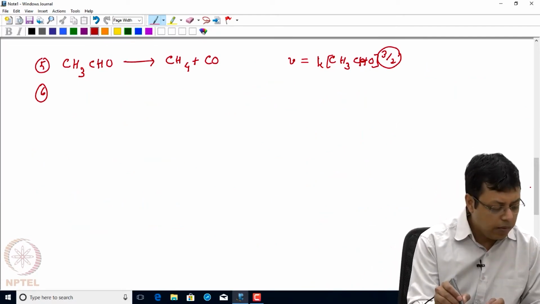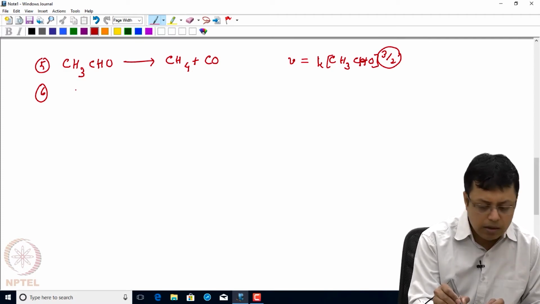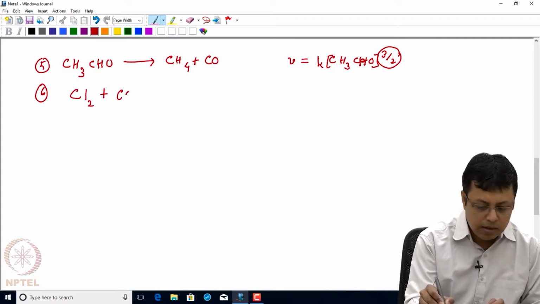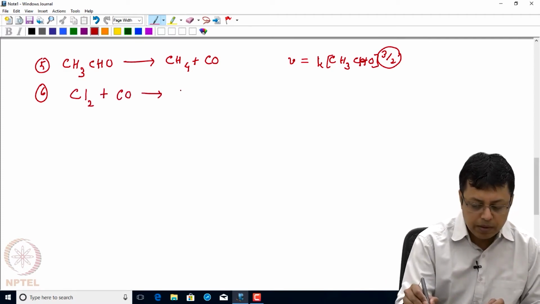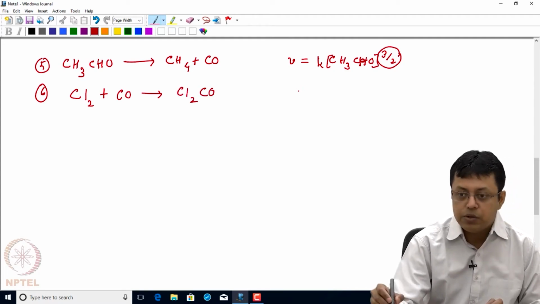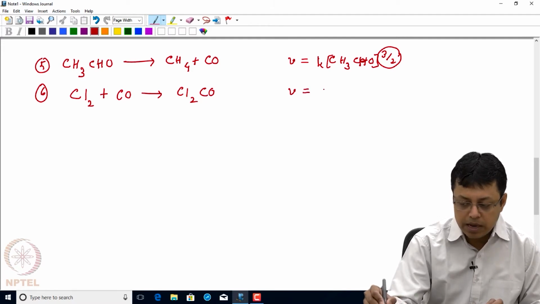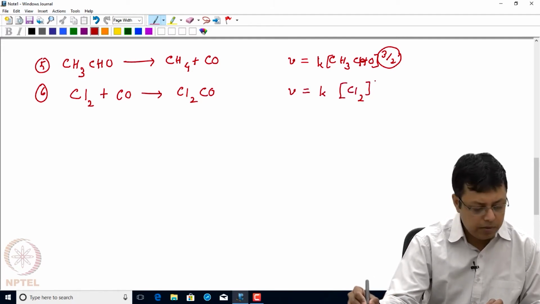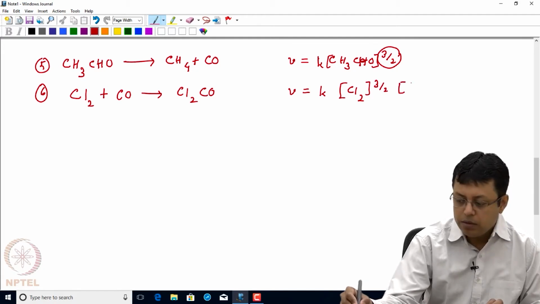I'll give you one more example, which will be the last example of this kind, and this is also a seemingly very simple reaction, that chlorine and carbon monoxide react to give you an adduct Cl2CO, and the rate of the reaction was found to be chlorine raised to 3 by 2 times carbon monoxide.